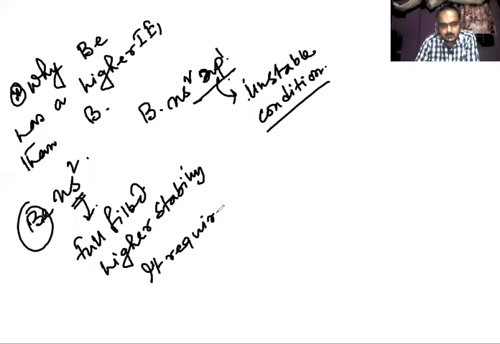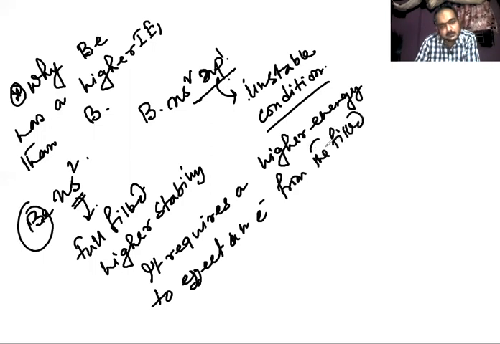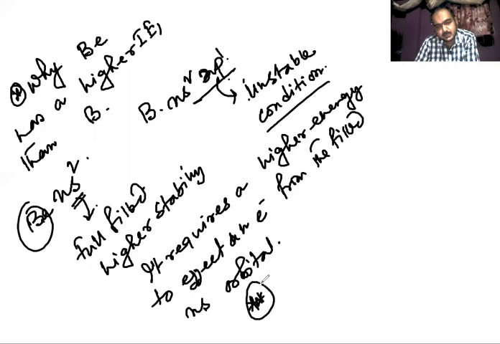So it requires a higher energy to eject an electron from the filled ns orbital. Moreover, this is the most important explanation.